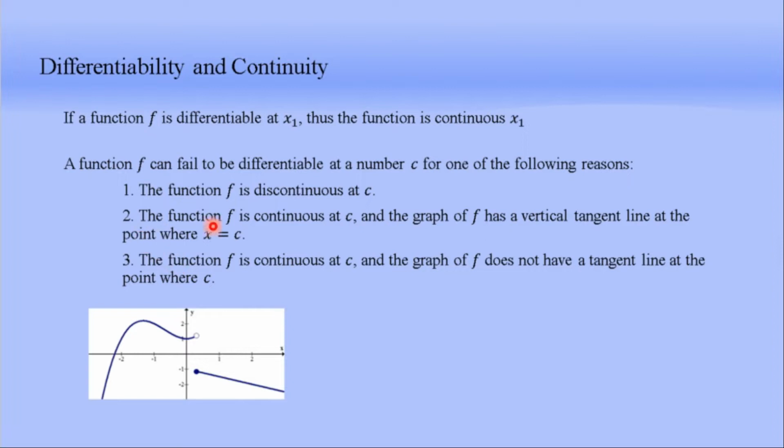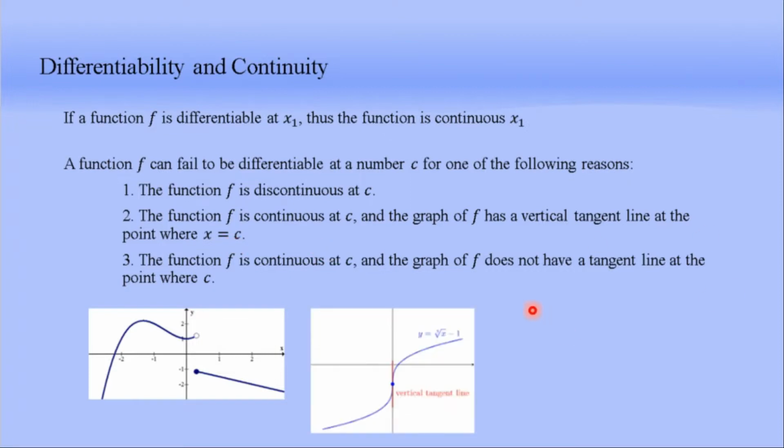The second reason: the function f is continuous at c and the graph of f has a vertical tangent line at the point where x equals c. As you can see in the second graph, although this graph is continuous, the limit does not exist.